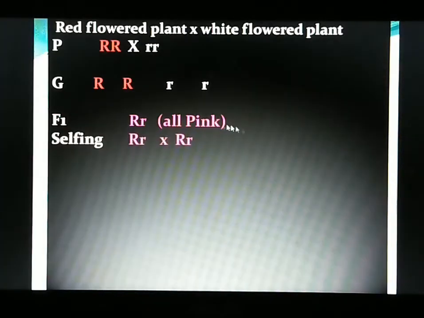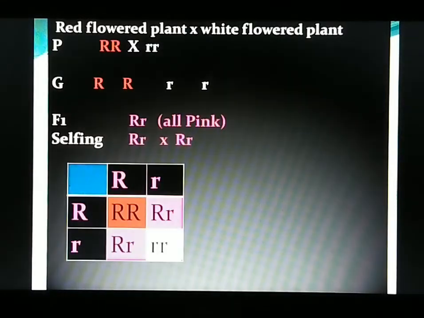Later, when selfing was carried out between these pink flowers, there was a completely different amazing result that was obtained. That is, once the gametes that are released from these pink flower plants, and when we prepare the Punnett square, we see that one plant or 1/4 of the plants have red colored flowers.